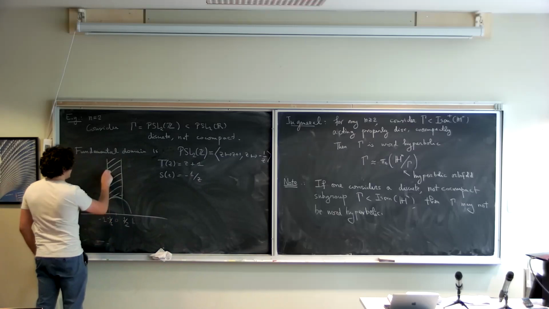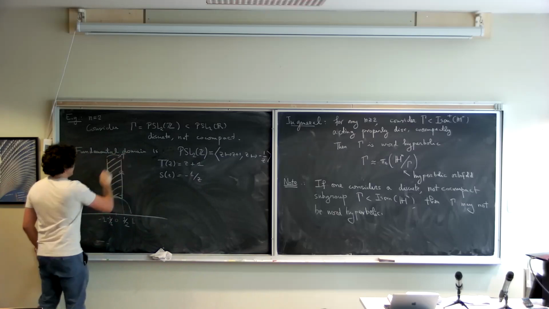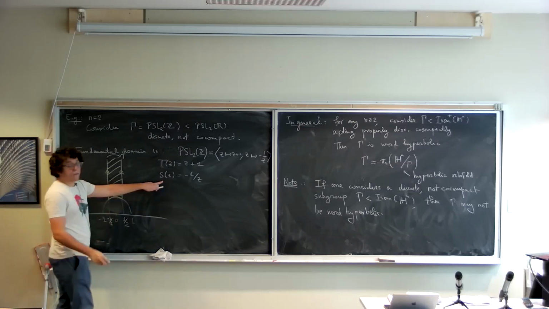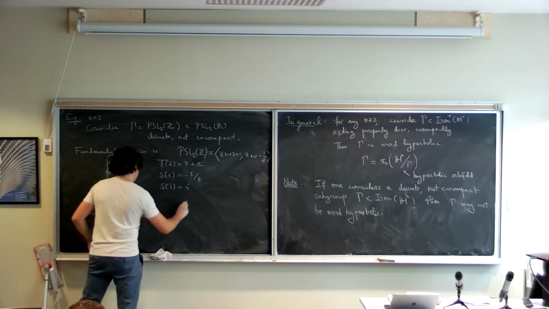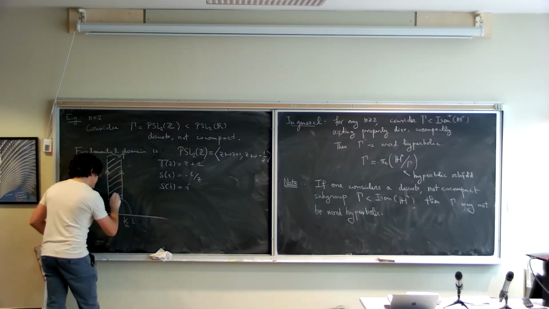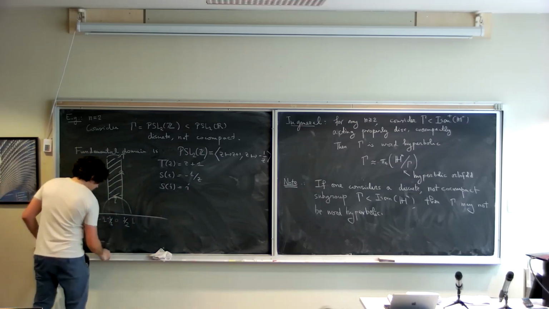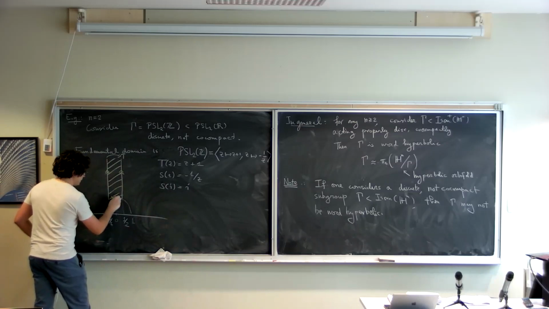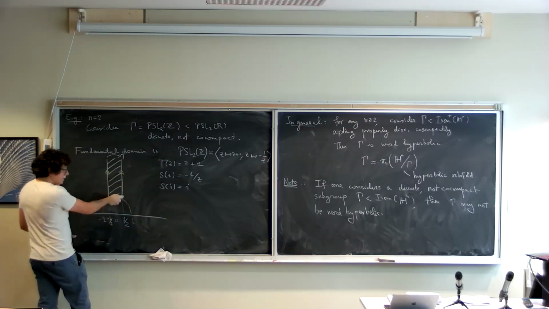This side gets mapped to this side by T, which just translates by 1. But S is a different type of element, S has a fixed point: S of i is i. This side is mapped to the other side; it's flipped like that.